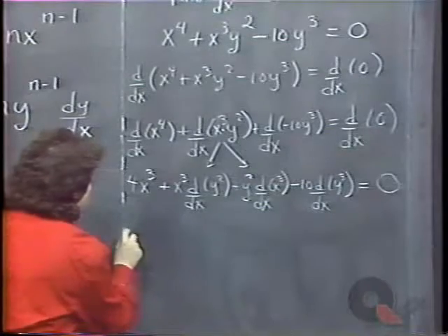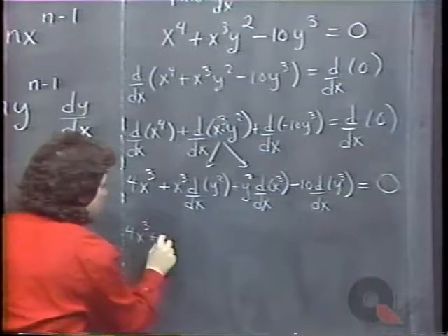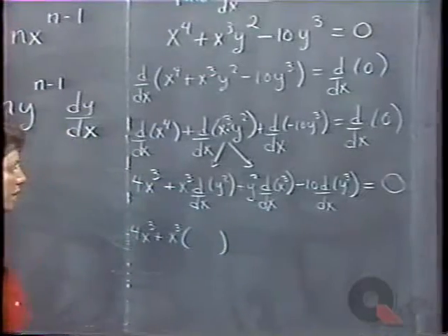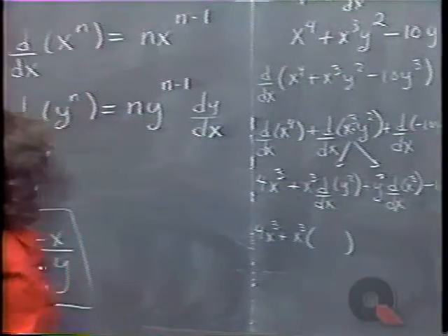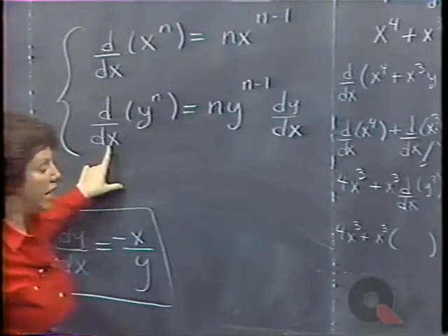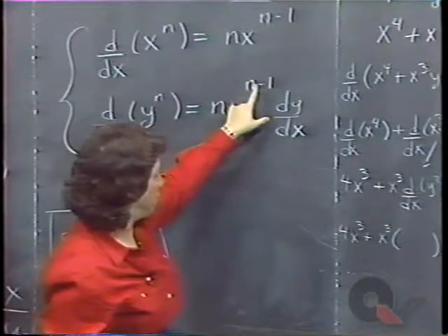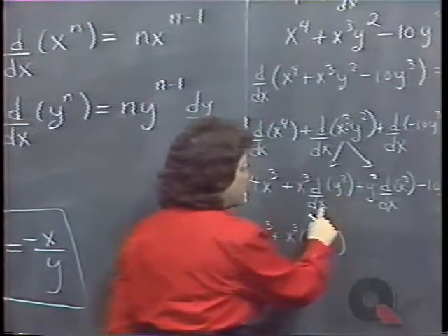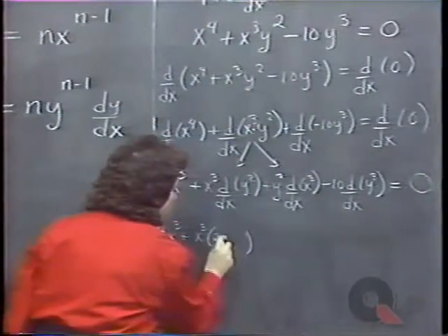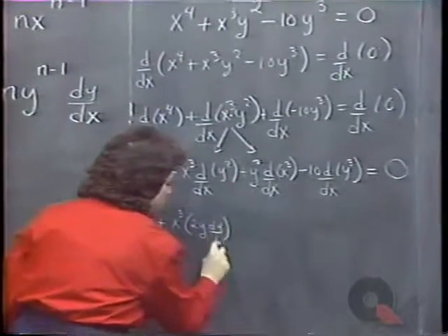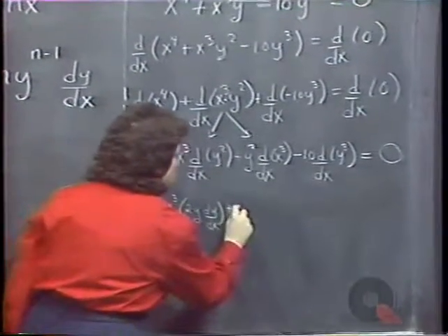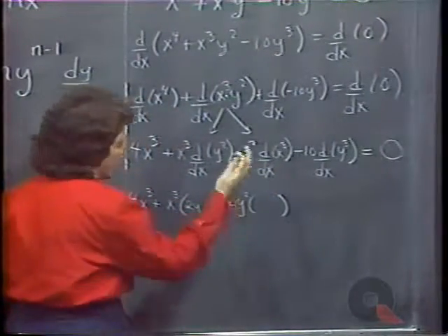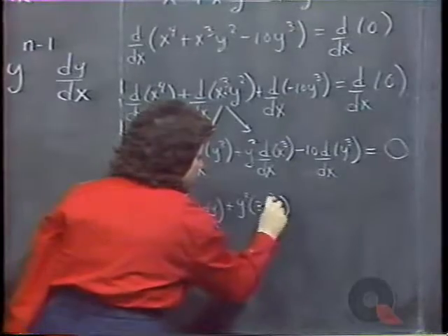Let's see what we get. 4x cubed plus x cubed times the derivative of y squared with respect to x. Now remember, the derivative of y squared with respect to x will be 2y to the first power dy dx, plus now y squared times the derivative of x cubed with respect to x, which is just 3x squared.